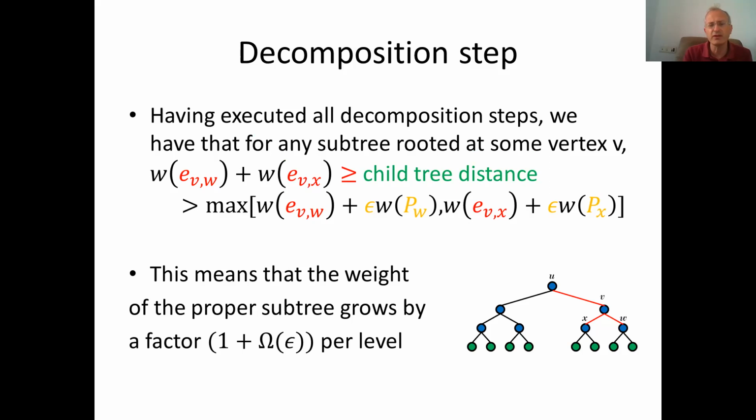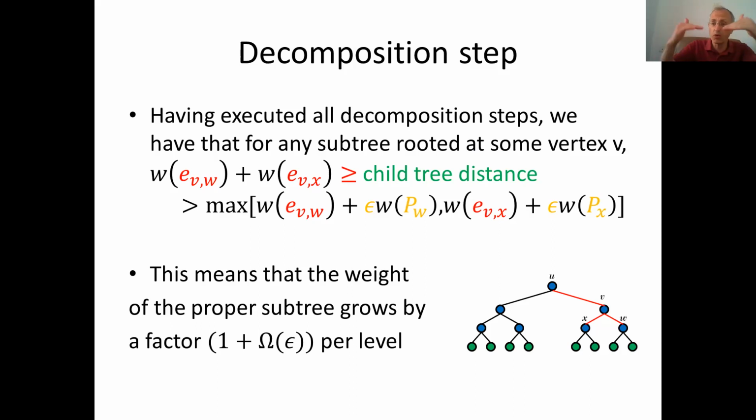And it's greater than the max of these two quantities. That's simply because otherwise we would have deleted it. In any event, it means that the weight of the proper subtree grows by a constant factor at every level just because of the edges. Okay, it means that the edge VX plus the weight of the edge VW is actually quite heavy. They're a constant factor of everything that's beneath them.